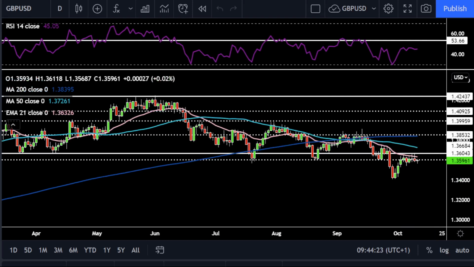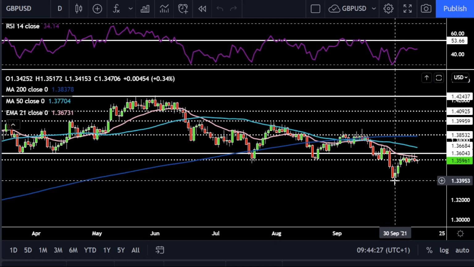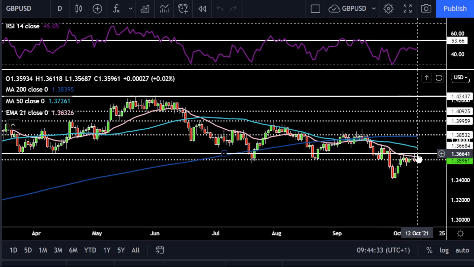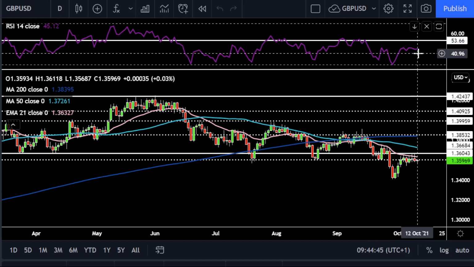Then moving on to cable. Cable looks like it's rolling over after its rebound from the 134 low. The 21-day exponential moving average doing well to provide some resistance, as well as the horizontal resistance there at 136 and 136.6, 1.366. The RSI also looks to be flatlining at the moment.